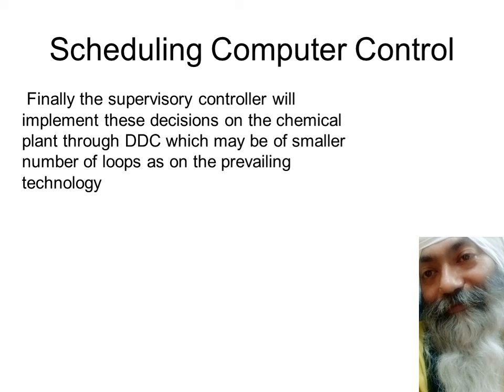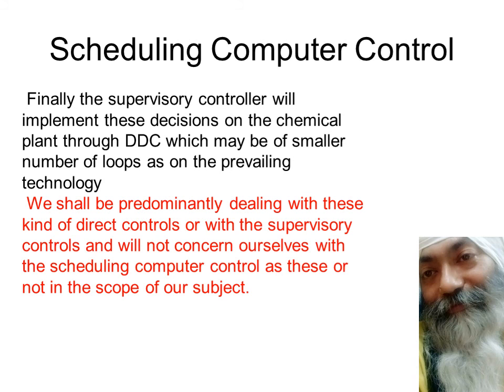So these DDCs are under the control of supervisory control, and the supervisory control is again under the control of the scheduling computer, which is going to schedule the entire thing as far as the production is concerned. We will be mostly dealing with the DDC kind of controls and the supervisory kind of controls, or even with DCS, distributed control systems. That's what we're going to go in for. And the scheduling computer as such is not in our syllabus, so we will just put a full stop over here.